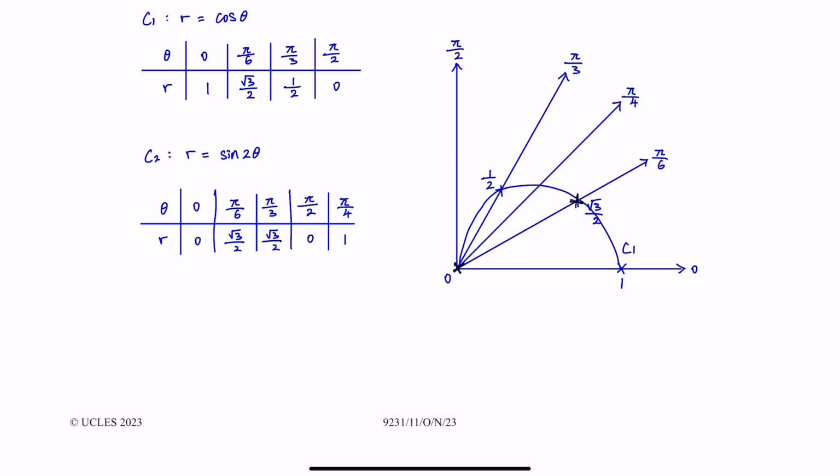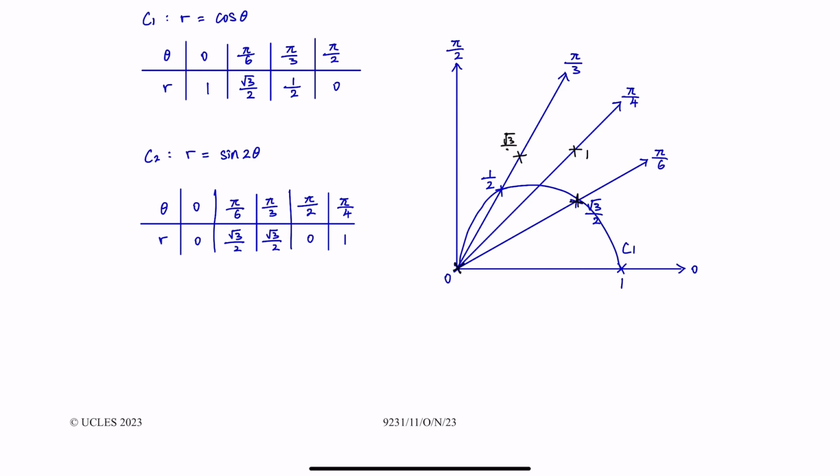When theta equals pi over 4, r is 1. So it's around here. And for pi over 3, sec 3 over 2. So around, oops, sorry, around here.